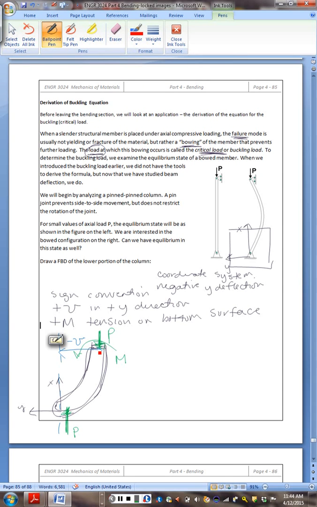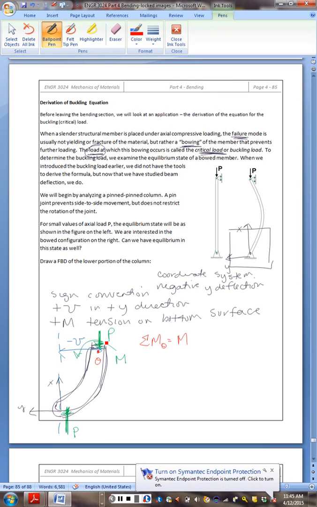If we have our reference point O at the section cut at the free surface of the beam, we can say that the sum of the moments at our reference point O is equal to the positive internal M and that applied P, I'm sorry, the applied P has no separation distance, has no line of action, but our reaction force, P, does, and that would tend to cause a negative rotation.